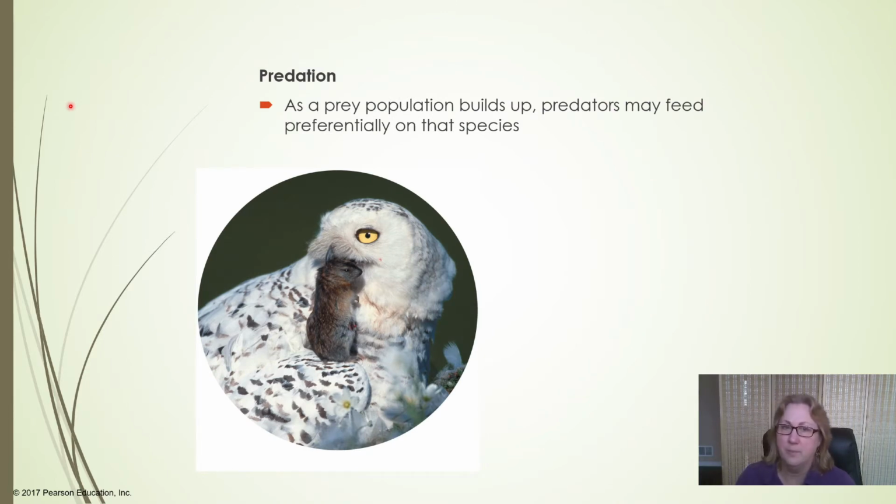Predation. If a prey population becomes very large, predators may start to feed preferentially on that species. And this is just because of learning. If a predator is successful catching a particular kind of prey, they have learned that they can catch and eat that particular prey, and if they see another one, they might choose to go for the exact same prey, even if other prey are available.